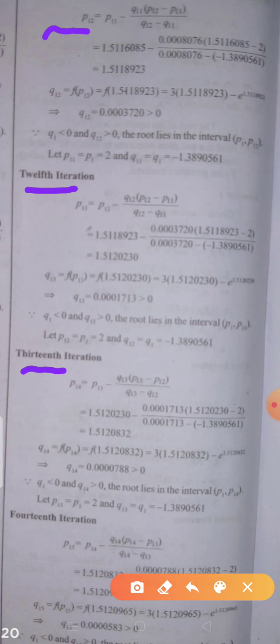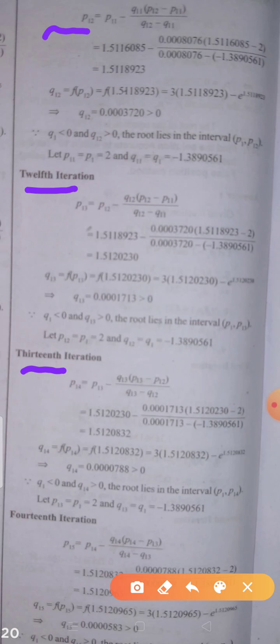Next, P14 is equal to P13 minus Q13 into (P13 minus P12) by (Q13 minus Q12), which is equal to 1.5120230 minus 0.301713 into (1.5120230 minus 2) divided by (0.301713 minus of minus 1.3890561). Therefore, P14 is equal to 1.512083.